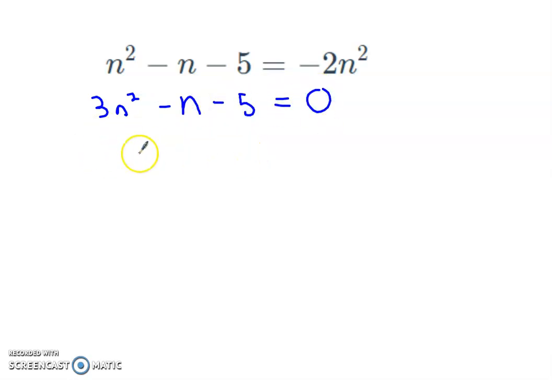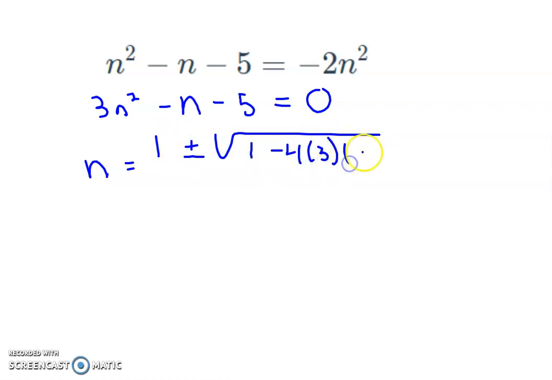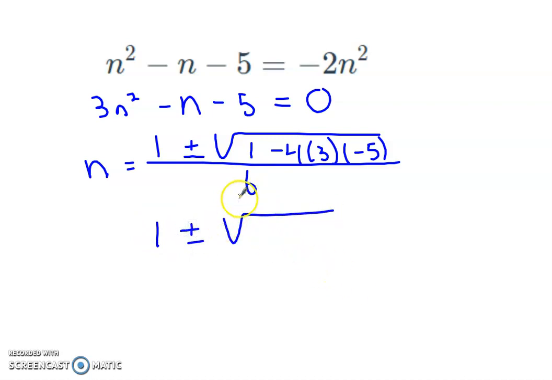When you put these in here, you're going to get n is the opposite of b, so positive 1, plus or minus the square root of positive 1 squared is 1 minus 4 times 3 times negative 5, all divided by twice what a is, so 6. 1 plus or minus the square root of 1 minus, what is this going to be? 61 again. That's kind of funny.